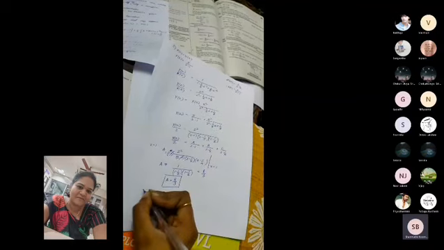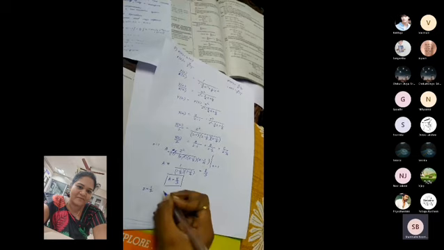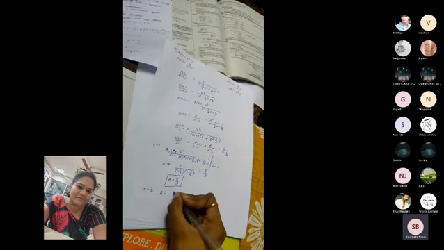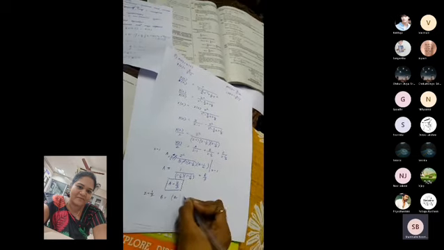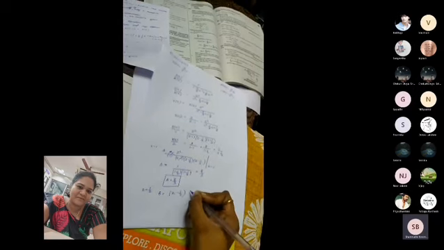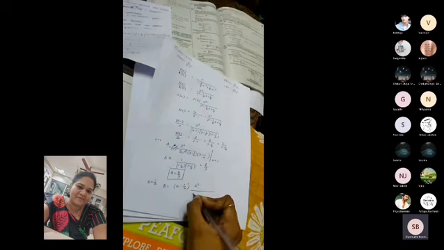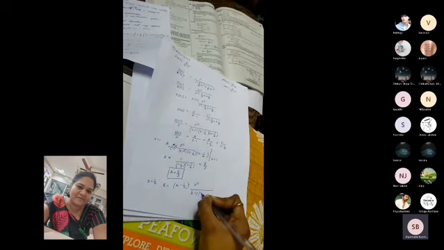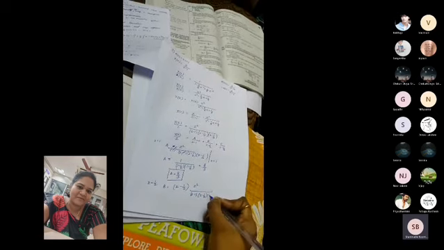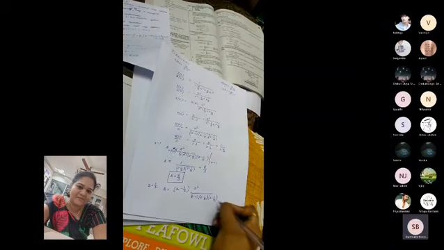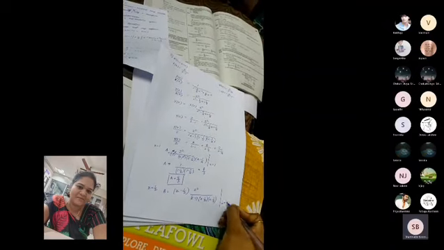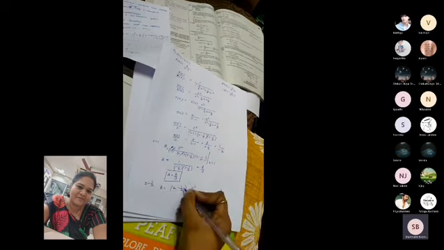So same way, find out B. To find out B, I am going to consider z equal to 1 by 2. So B will be equal to residue of this, which will be z minus 1 by 2 into this value. Z square divided by z minus 1 into z minus 1 by 2 into z minus 1 by 4, having the pole value z equal to 1 by 2.